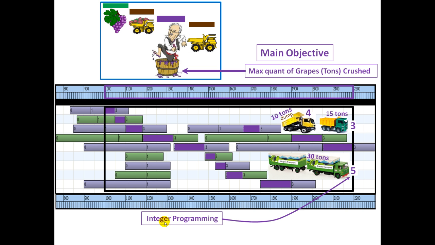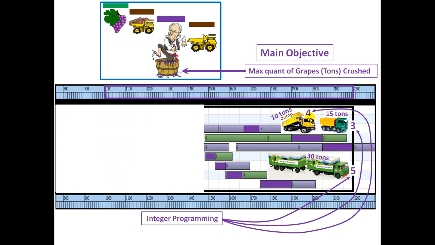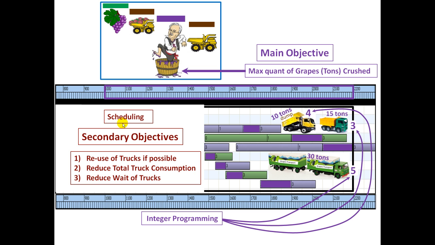So the integer programming module tells you that 5, 3, and 4 constitute the optimal solution, and then the schedule module finds the secondary objectives that are related to the duration and structural composition of these activities.